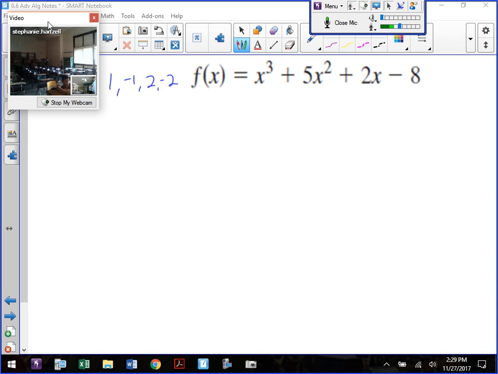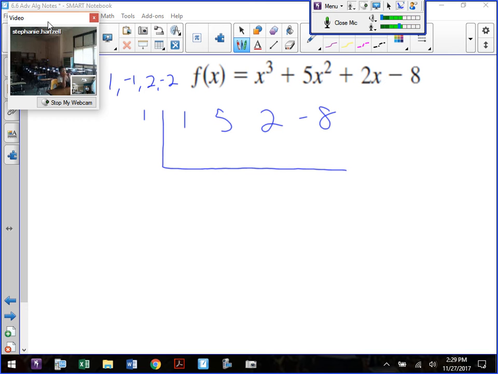We'll try the other method here. I'll show you. 1, 5, 2, negative 8. We'll try it right off the bat with 1. The other method, what we were talking about is, let's say 1 winds up being a 0, and then I just use that smaller polynomial as my next setup to factor with. Okay? Instead of starting over with the third degree one, I'll start with the square.